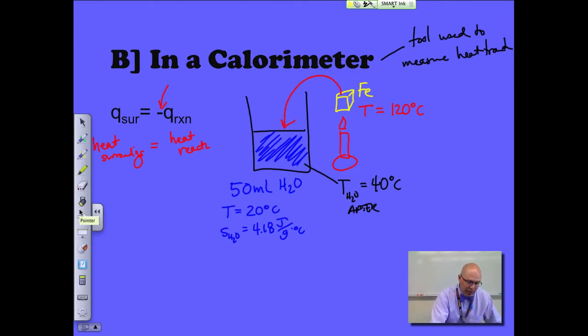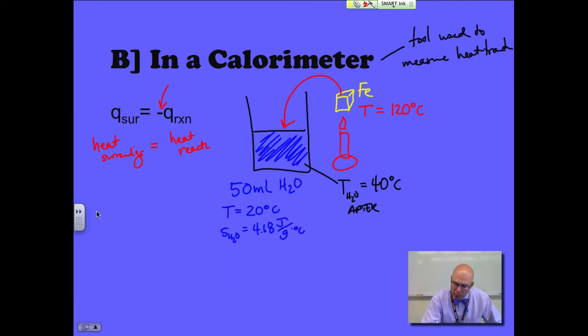Another thing that you would need to know would be the specific heat of iron. The specific heat would be 0.448 joules per gram degree Celsius. So let's see where we're at. We got a piece of iron. We heated it up in a flame. We had it measured at 120 degrees Celsius. We put that hot piece of iron into water that was at 20 degrees.